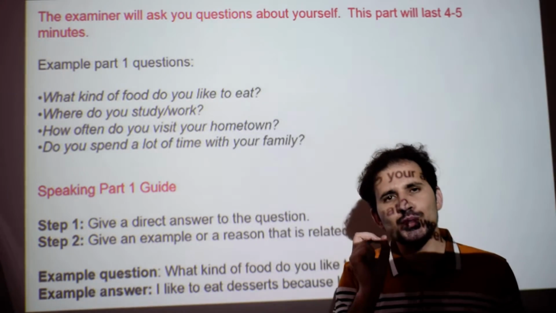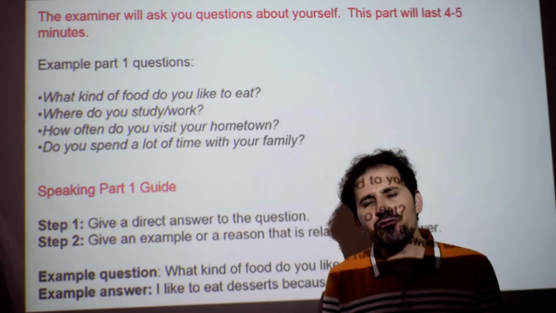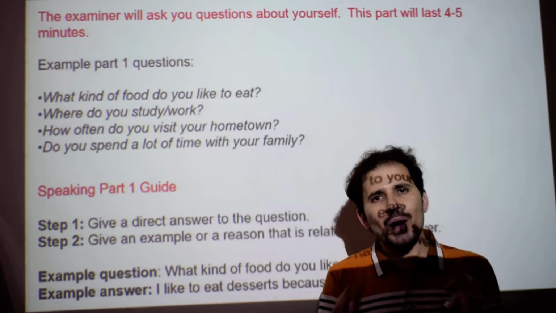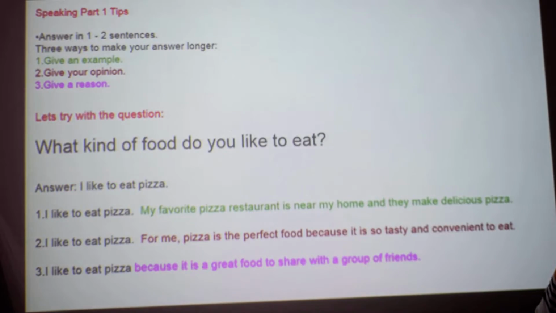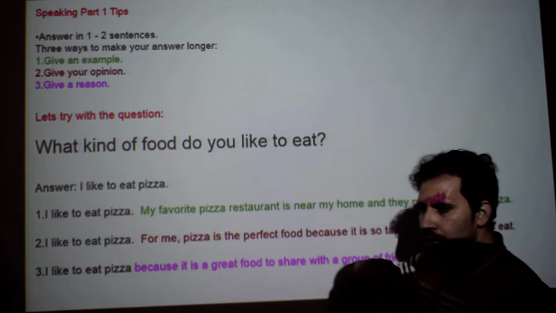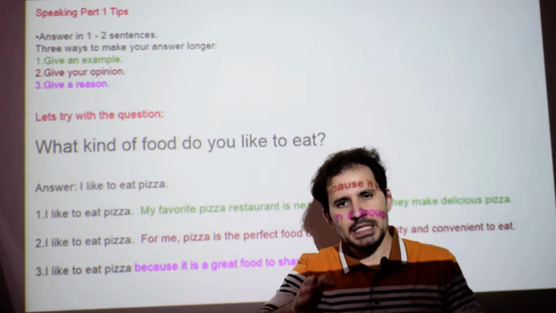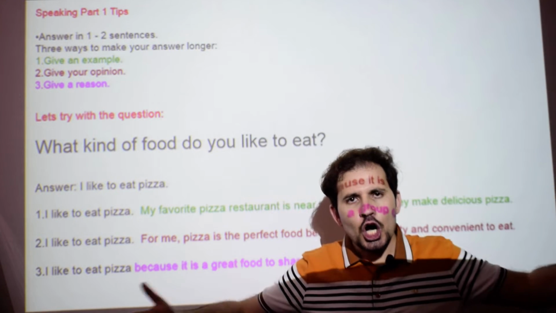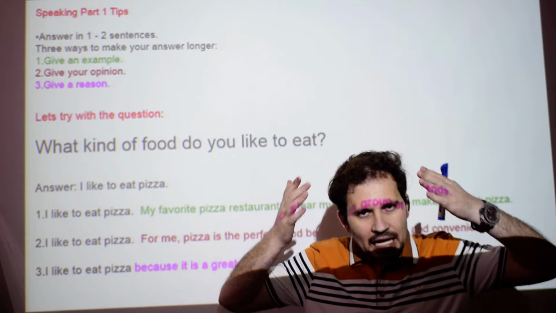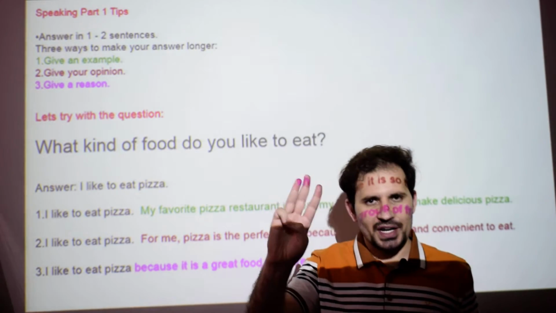Now, we want to move towards how you can answer such questions if you are asked them. Whenever the examiner asks you a question, you can make your answer longer. You can make it a lengthy answer in 3 ways.